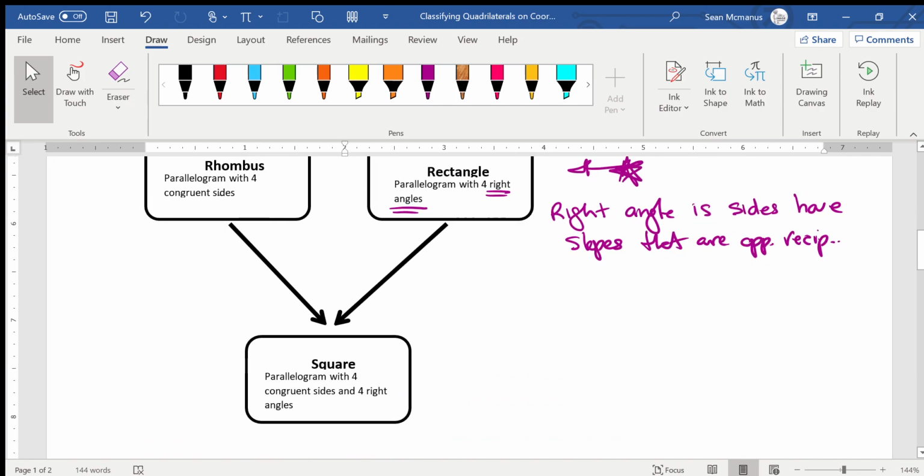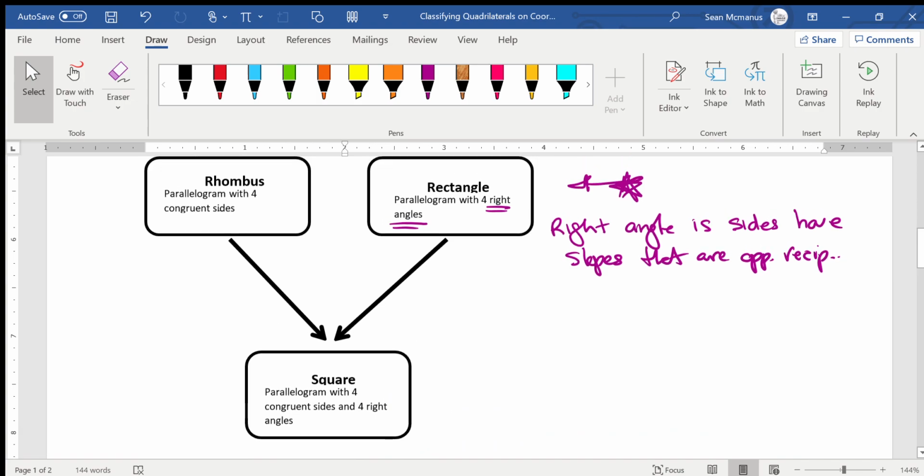Our most specific classification actually is a square, and you can see it goes from rhombus and rectangle, both lead down to square. A square is a parallelogram that's both a rhombus and a rectangle. So not only does it have 2 sets of opposite parallel sides, but all the sides are the same length, they're congruent, and there's 4 right angles.